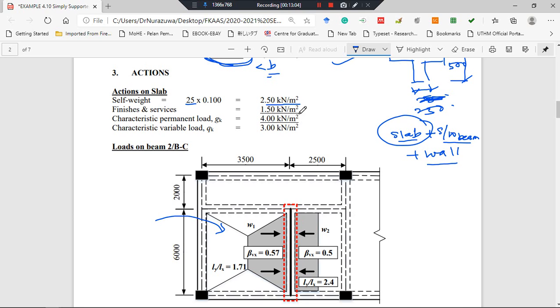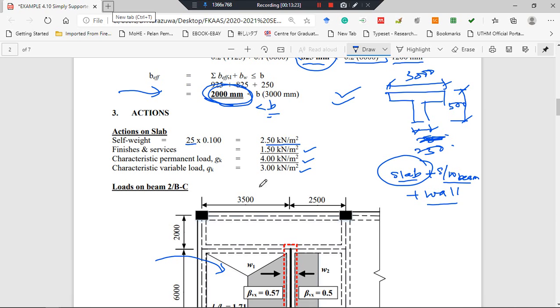The finishes and services is 1.5. The characteristic permanent load finally is about 4 kilonewton per meter square, and the characteristic variable load is 3 kilonewton per meter square. So this is GK from slab, and this is QK from slab. This 4 is the total of 2.5 plus 1.5.